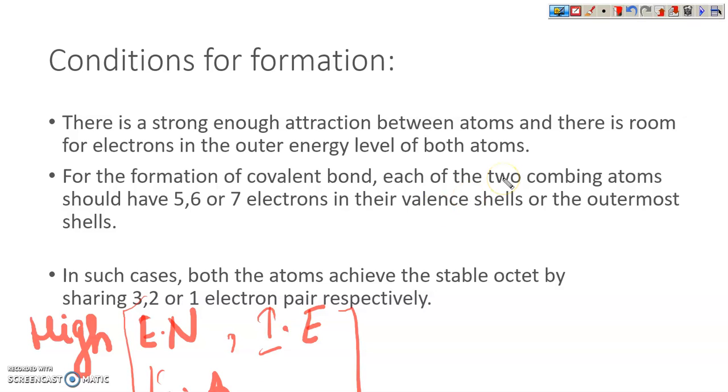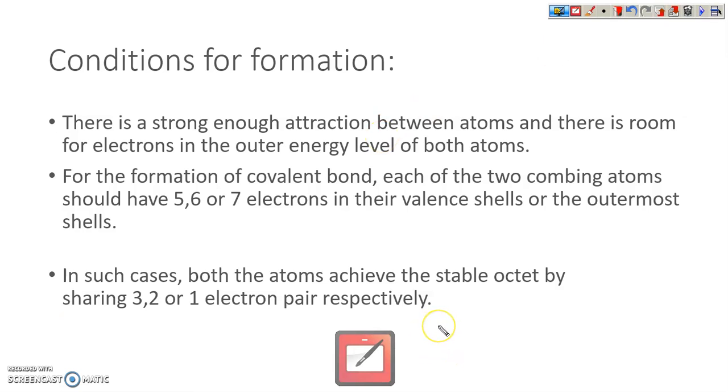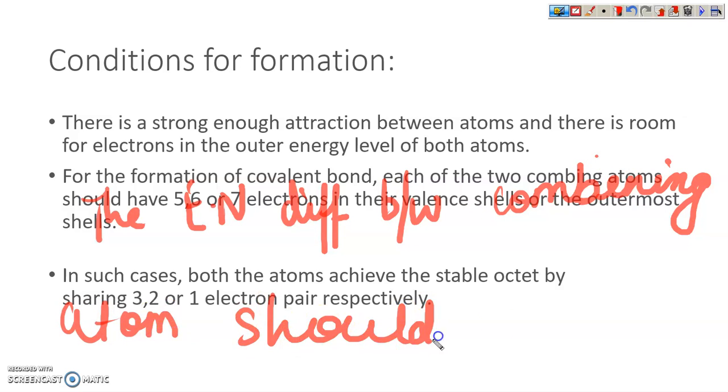Another condition, which is a main condition for this, is that the EN difference, I mean the electronegativity difference between the combining atoms, should be either zero or negligible.